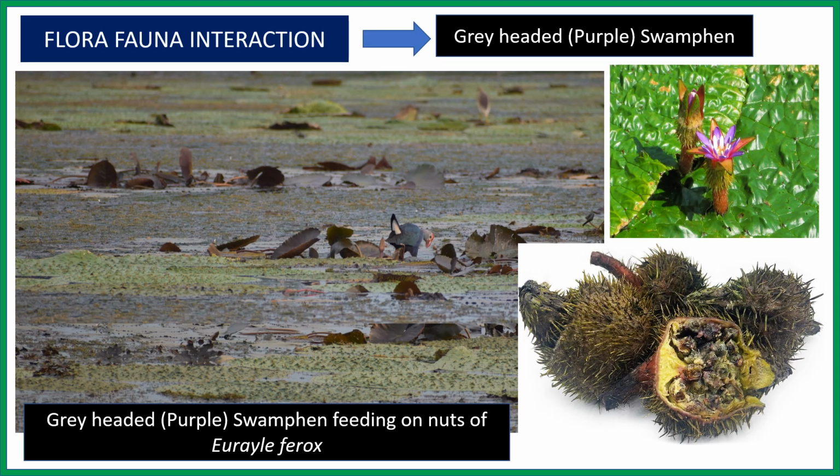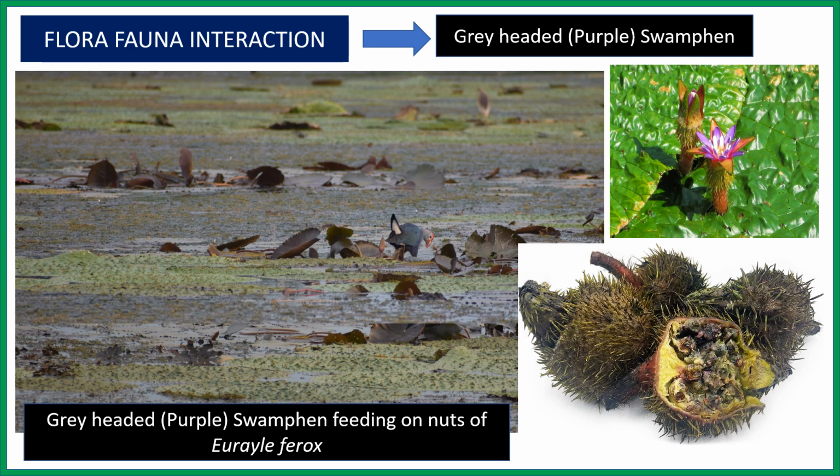Like I had said, we observed this bird, the gray-headed swamphen, feeding on the Euryale ferox nuts. By saying Euryale ferox nuts, you might be a little confused, because this is an aquatic plant. To make it easier, I will tell you that Euryale ferox is nothing but the makhana that we eat.